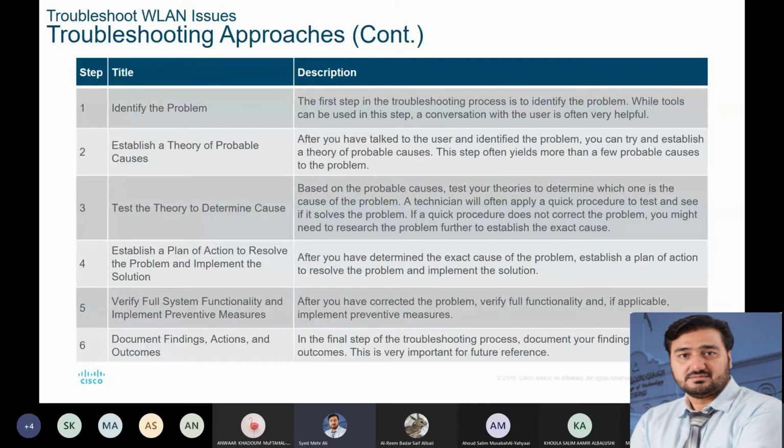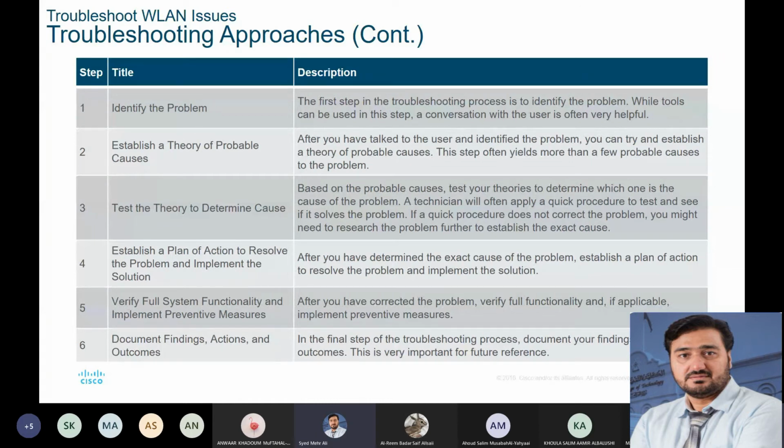The last step in troubleshooting approaches is to document findings, actions and outcomes. This is very important. In the final step of the troubleshooting process, document your findings.